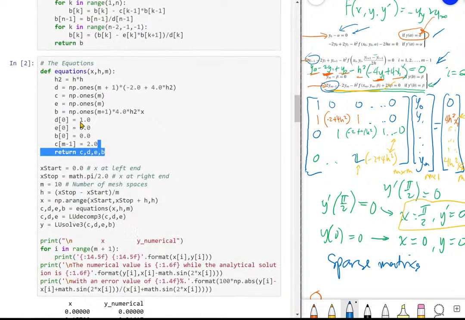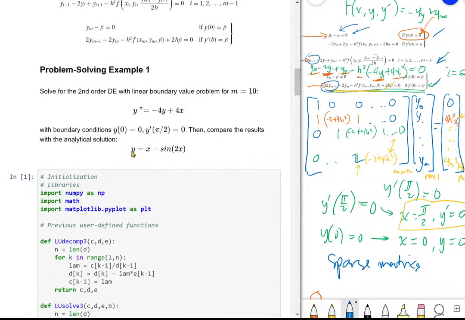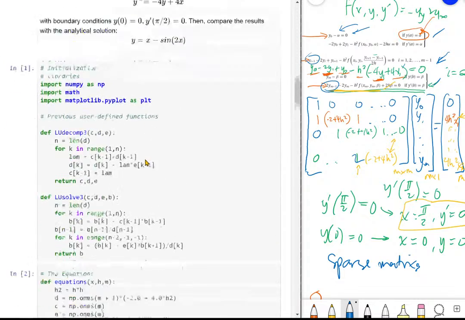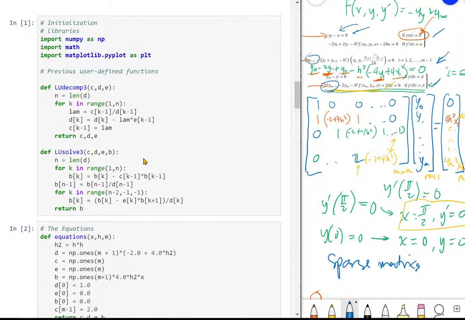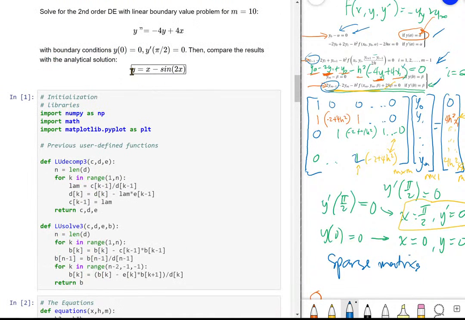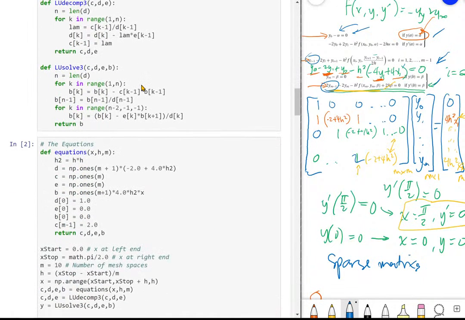So that's your equation. The equations are in matrix form, and our goal is to get the y, but this time y should be expressed in numerical values.